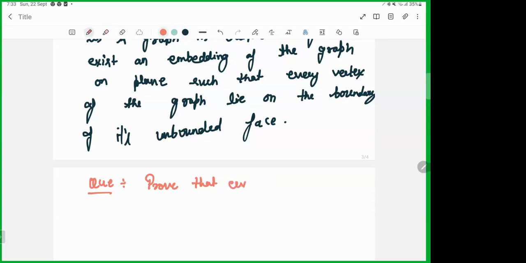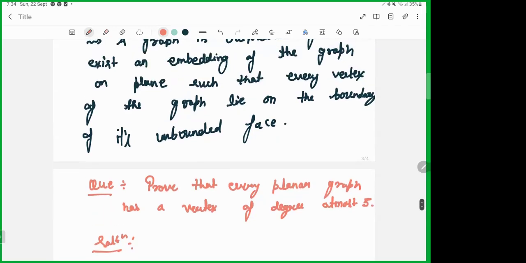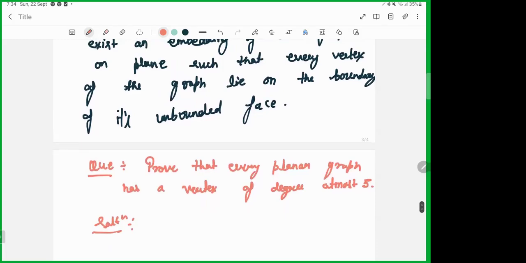Prove that every planar graph has a vertex of degree at most 5. Can you see this? This should be easy. The other one should be harder if the outerplanar condition is given. I agree. Degree at most 5.